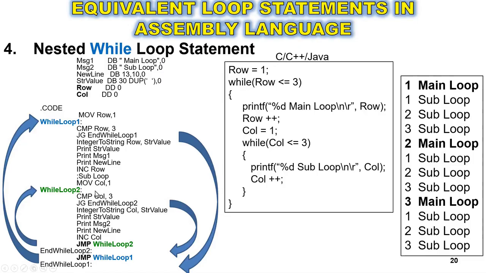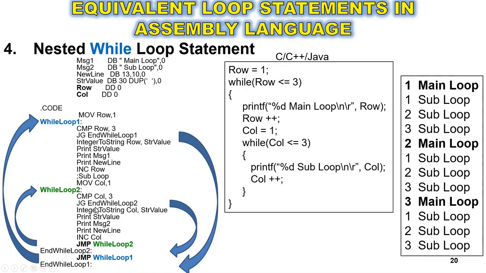And then the following code will now be the setup for our sub loop: move col with a value of 1. So we initialize the sentinel variable col for our sub loop with a 1, and then we write a label while loop 2, and then the body of the sub while loop contains the following: compare the present value of the sentinel variable col with 3, jump if greater to end while loop 2, which is this label.